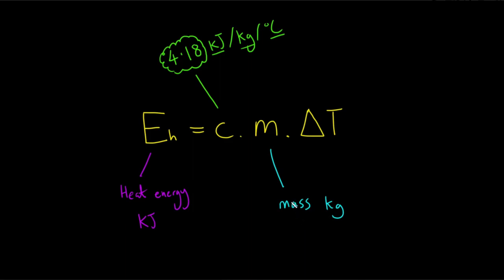And this is where people, when they're doing this calculation, will make the most mistakes, is getting the correct mass. And then the last part of the equation, pretty straightforward. Delta T is the change in temperature during the reaction, and that's measured in degrees Celsius.